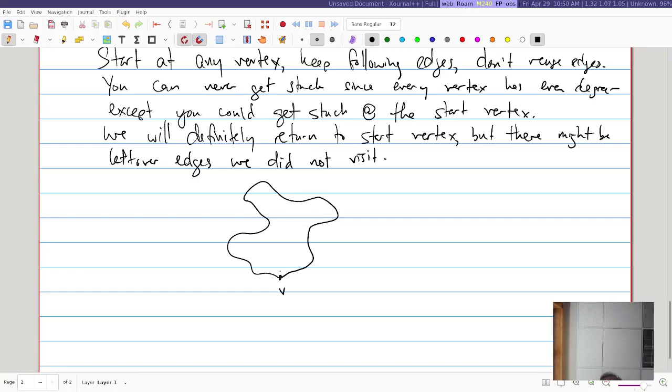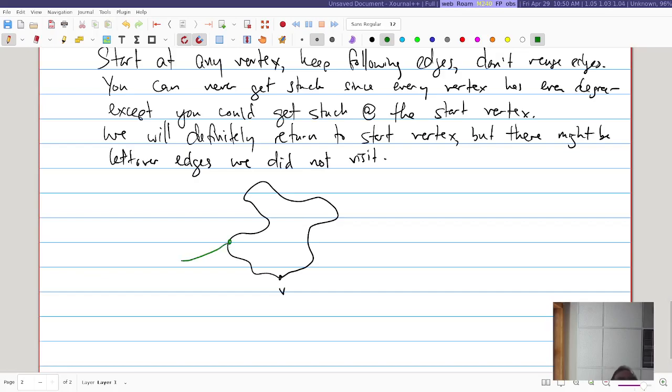But there might be some edges I didn't visit. If I imagine taking all the vertices and edges that I visited and deleting them, what's going to be left? I could have multiple pieces left, okay? But since the graph is connected, all those pieces are going to have at least one vertex that they share with the part that I deleted.